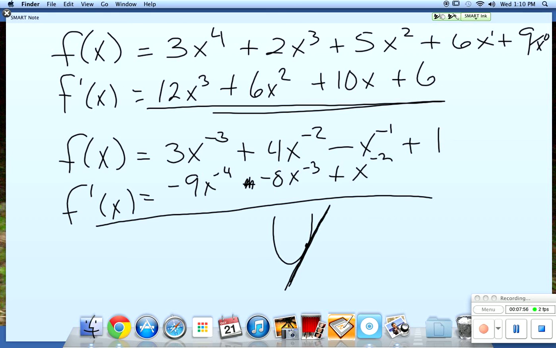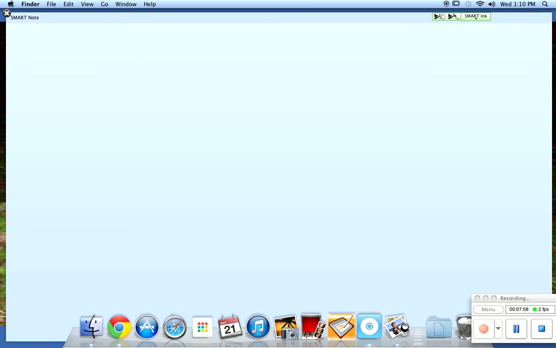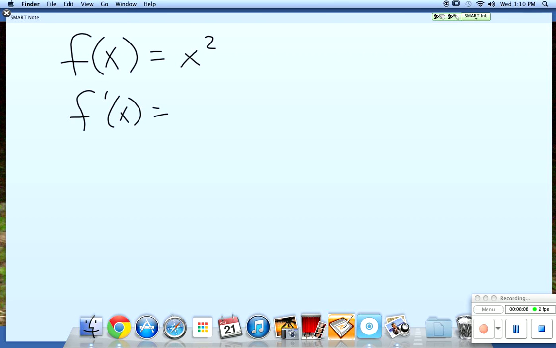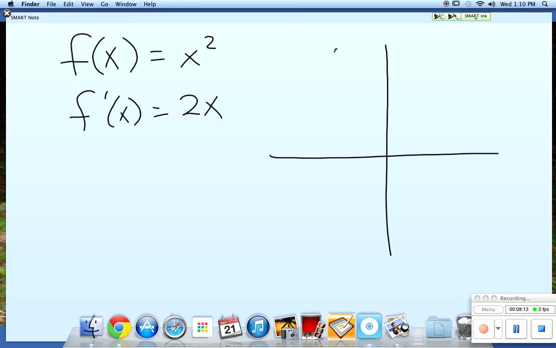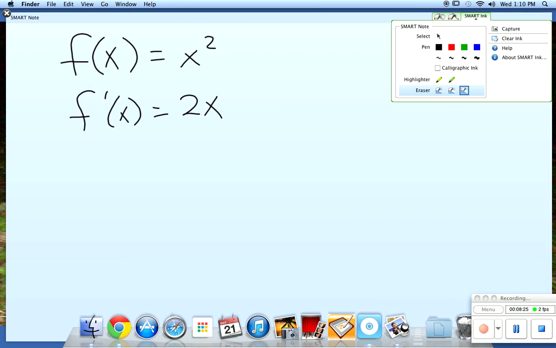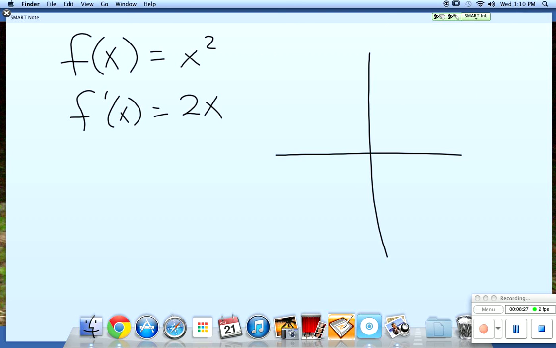So let's take an equation. Let's say f of x, we'll make an easy one here, is x squared. F prime of x equals 2x. And we graph this out, we get a parabola like this. That's an ugly parabola. Okay?